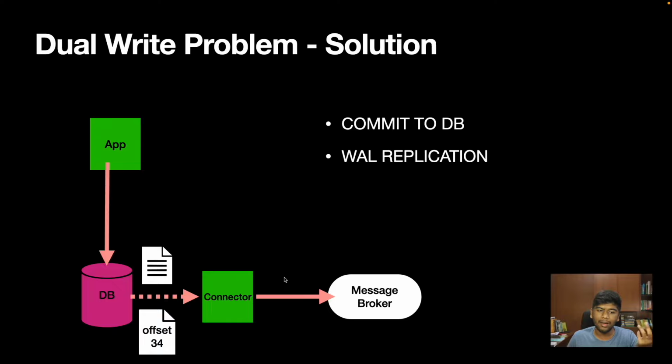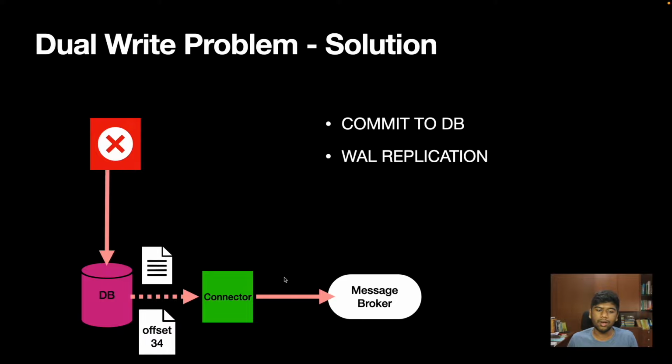And three, you avoid the dual writes problem. So in case you have this connector that occasionally sets these offsets, and it stores them in a file, or you can store them on Kafka, you can store them anywhere. But basically, if the app crashes, we are okay, because there is nothing that's committed to the database. And there is also the possibility that the connector might crash.